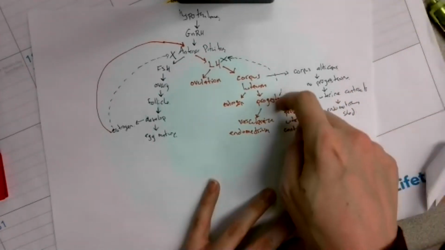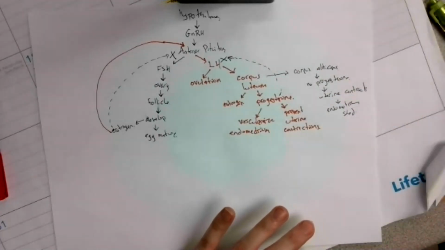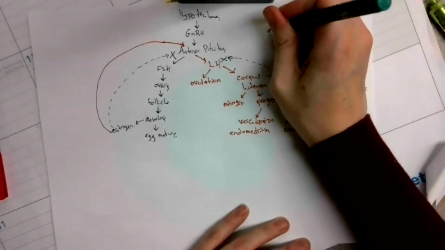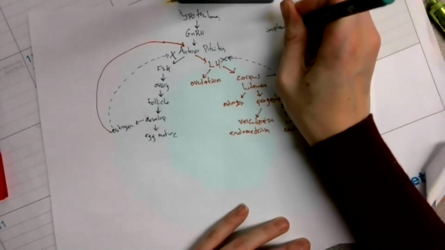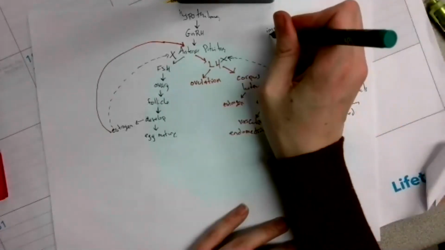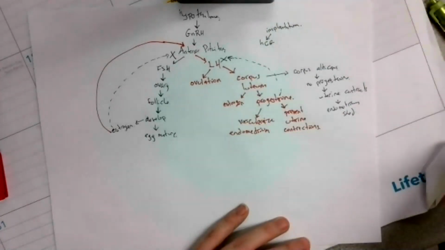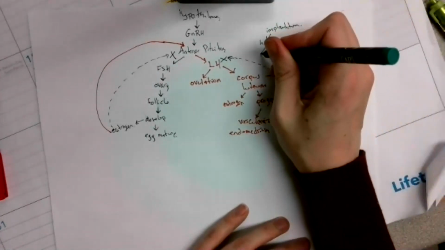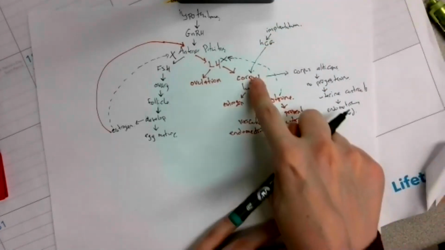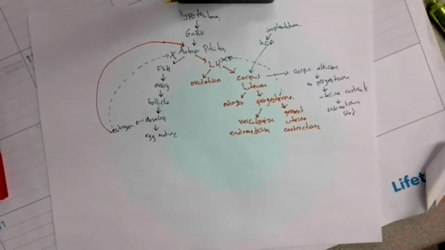The only thing that can prevent this process from happening is if there is implantation of a fertilized egg, in which case HCG will get released and it will stimulate the corpus luteum to continue doing all of these things. Okay.